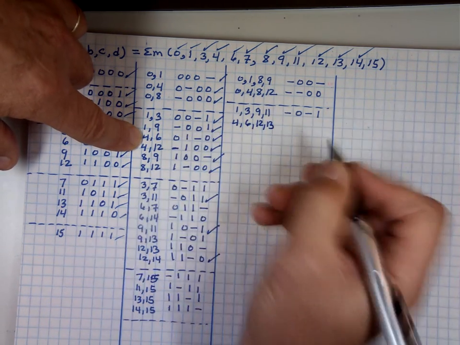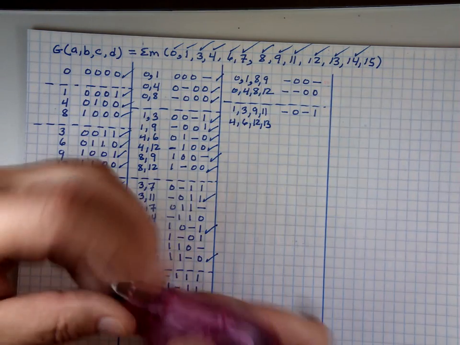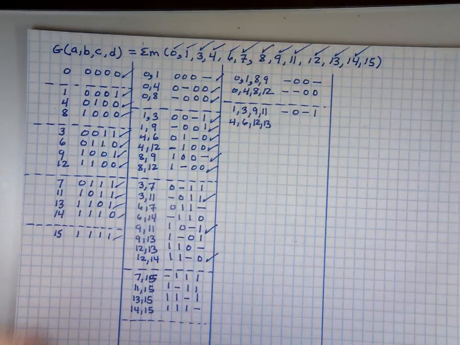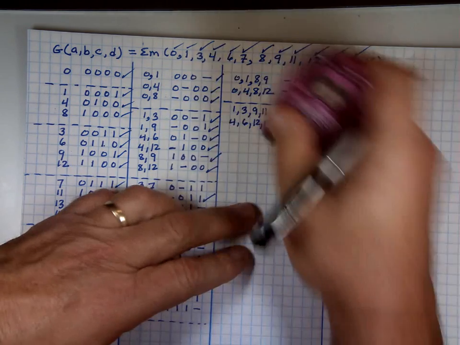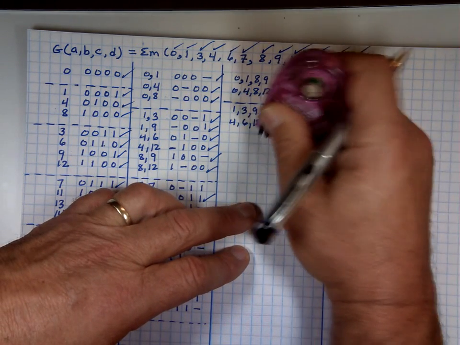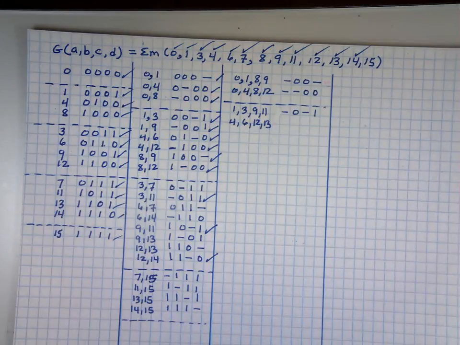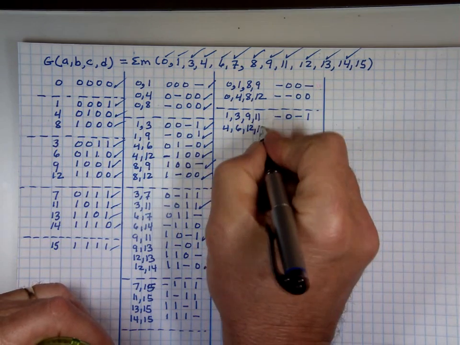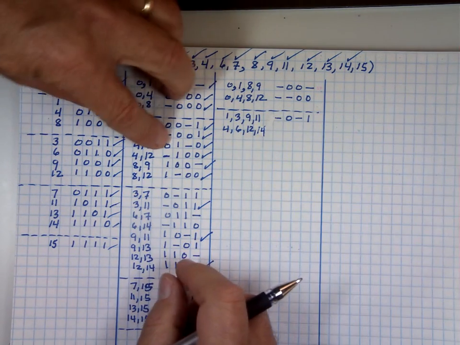Where's 4, 6? Here we go. And 12 and 14 right here. 4 and 6.